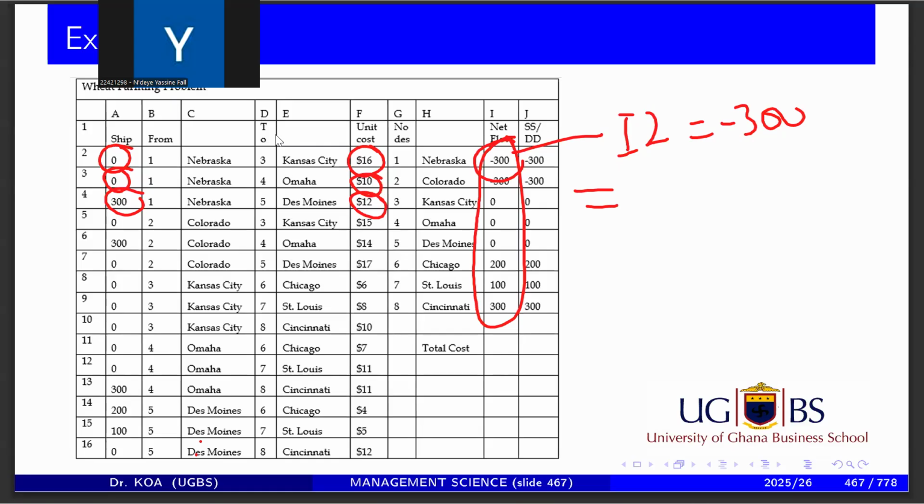For I2, we picked what was in the question. The negative 300 was what Nebraska was going to transfer to the other states.